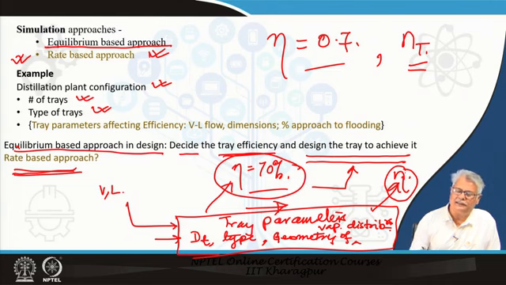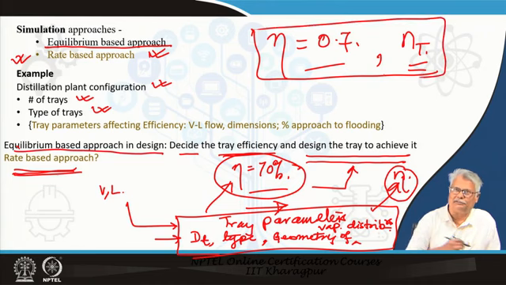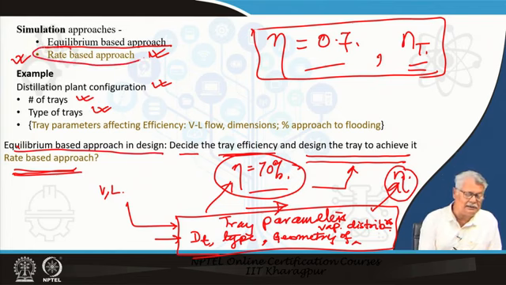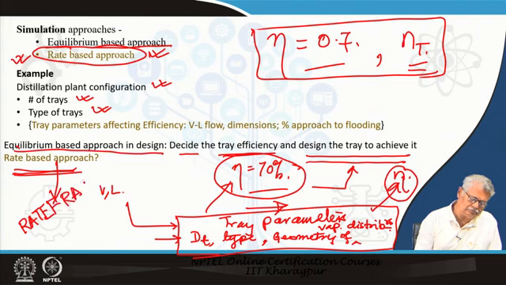In most cases in the equilibrium based approach, where you have assumed an efficiency value of 0.7 for all the trays, you will be keeping a good margin. Here this margin could be even less. You can calculate close to the real operation. So, that is the advantage of the rate based approach, and the rate based module in Aspen Plus for such separation using distillation is RateFrac.